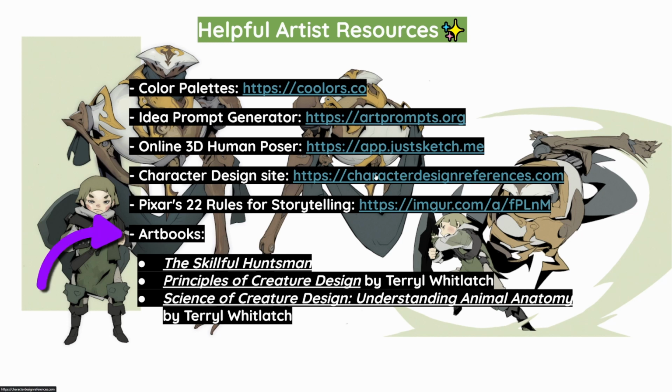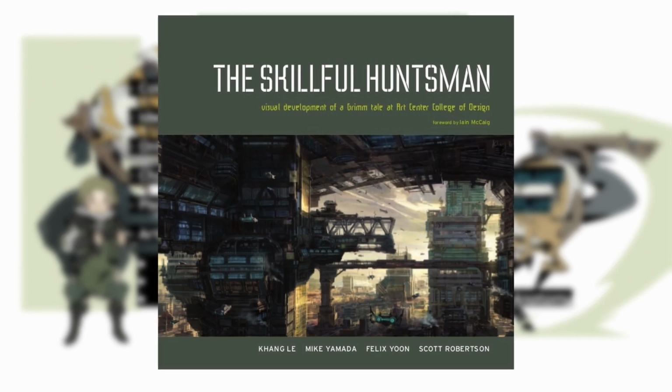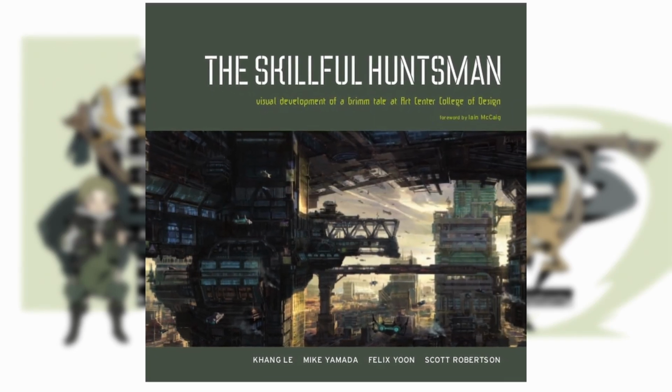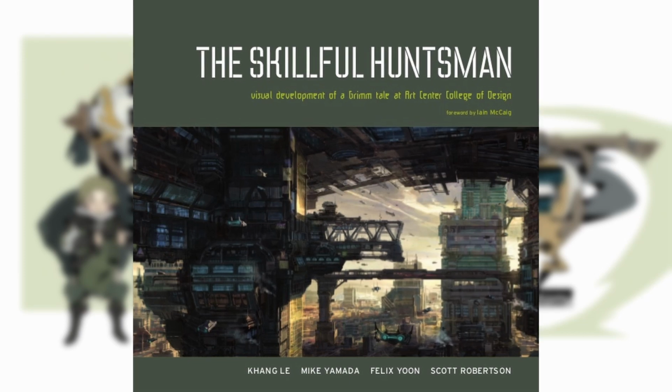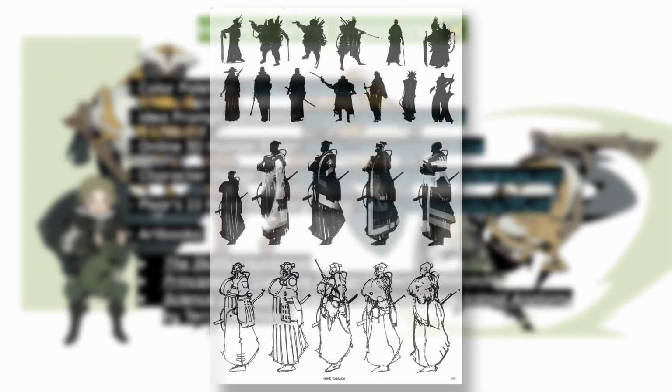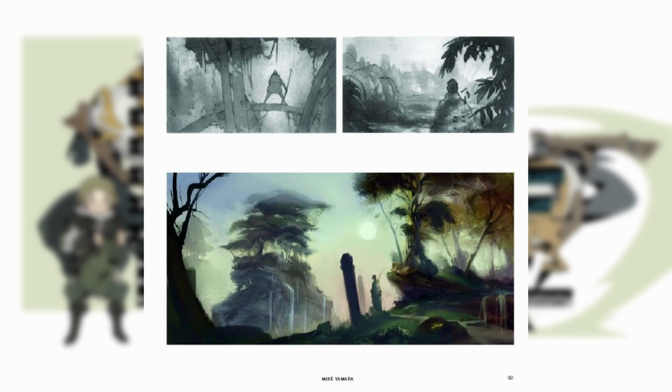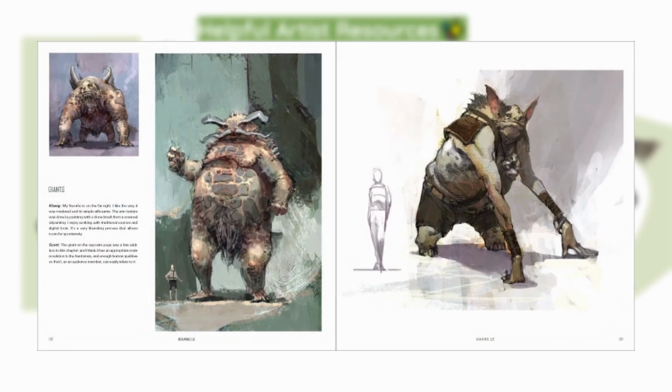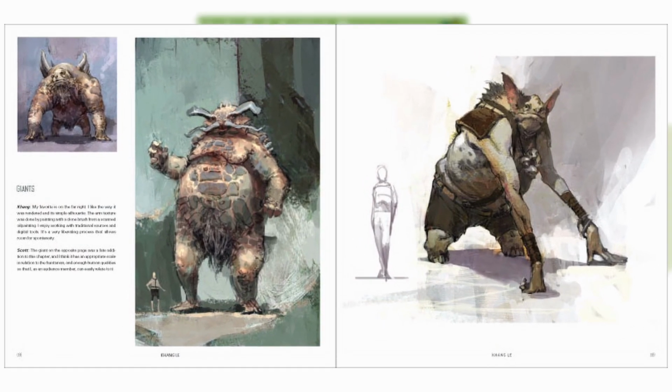And then some art books. These are my favorite character design art books. The Skillful Huntsman was made by a few different artists at Art Center College of Design, some really amazing character artists, and they also do environments and creatures, all kinds of stuff, and it's totally worth it.